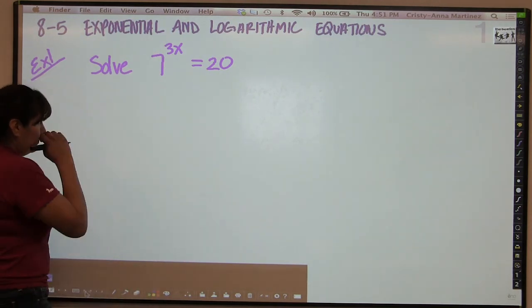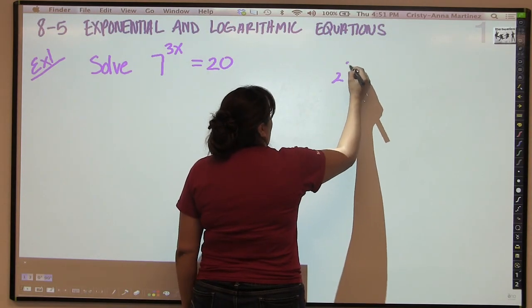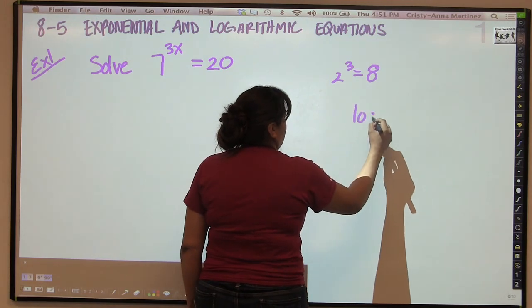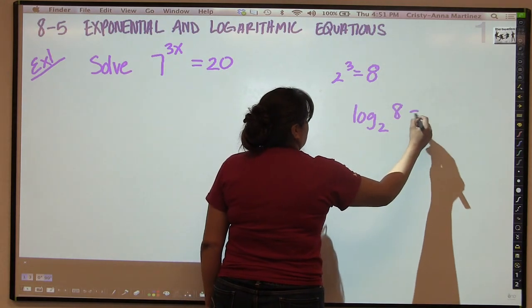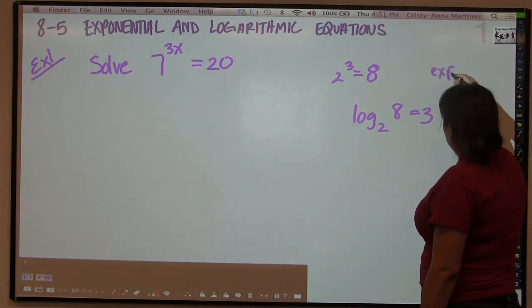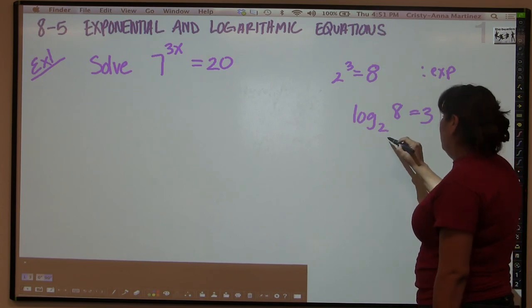So my job, if you remember, I always like to rely on my 2 to the third power equals 8 example, because I can say log base 2 of 8 equals 3. So this is exponential form, and this is logarithmic form. Remember the whole circle thing.